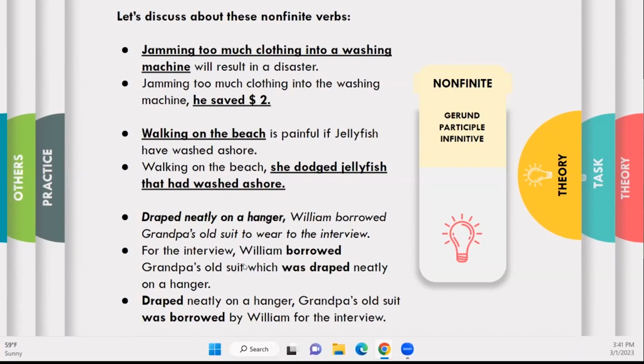It's a participle, not a gerund. But right you are. You mean this modifier is not modifying William. Yeah, William is not hanging on a hanger. We understood walking on a beach. So who is walking? Okay, she. Got it. Jamming: who jammed it? He. But draped neatly on a hanger, that's not William. It's called a dangling modifier. We'll go to that point. What happened here?